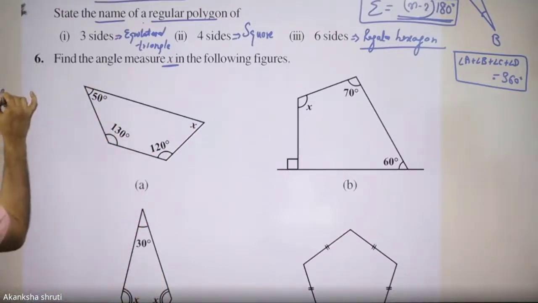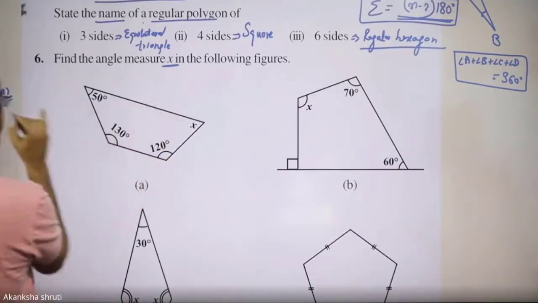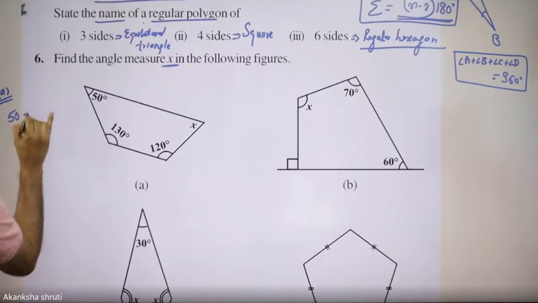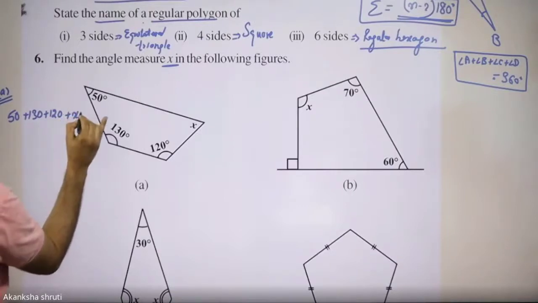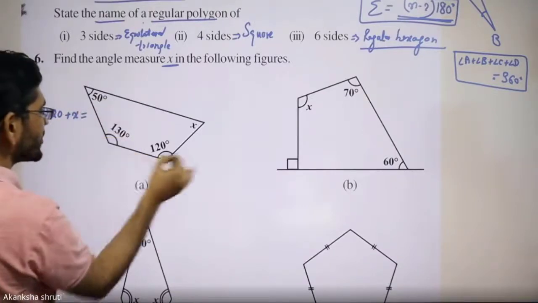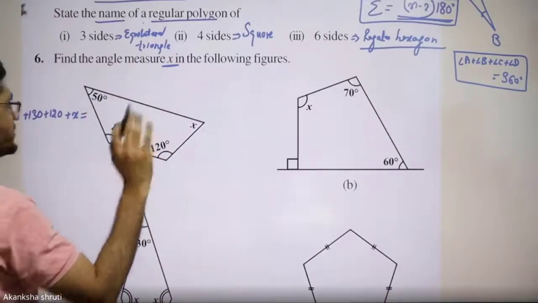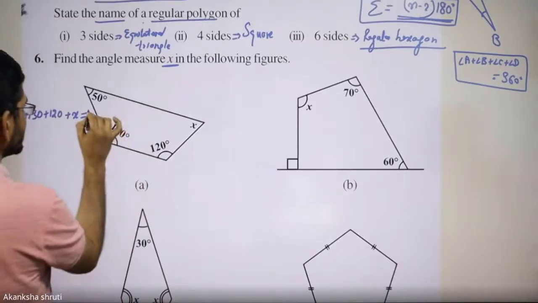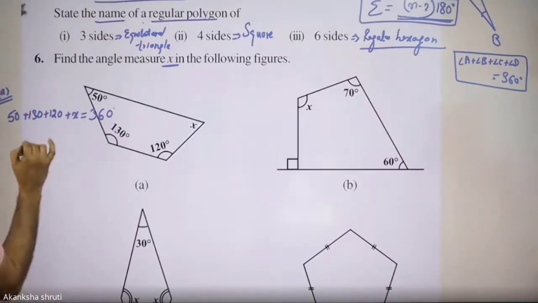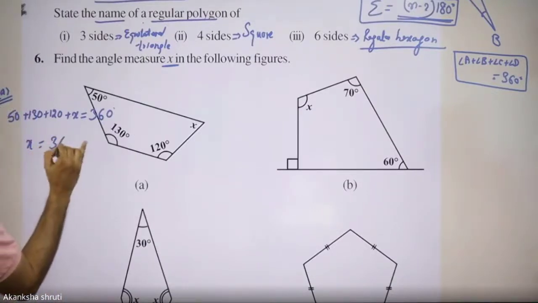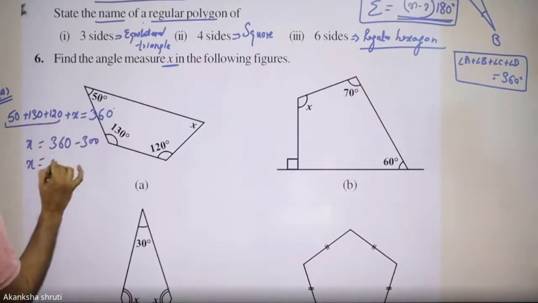So in case of A, we have the sum of the internal angles: 50 plus 130 plus 120 plus x will be equal to, as the number of sides is 4, 4 minus 2 into 180. So 2 into 180 is our 360 degrees. Okay, we had used this. So x is obtained by 360 minus, you need to first add all of this. So x obtained is our 60 degrees.